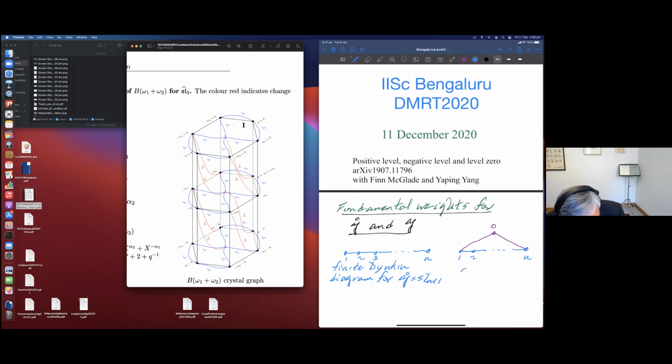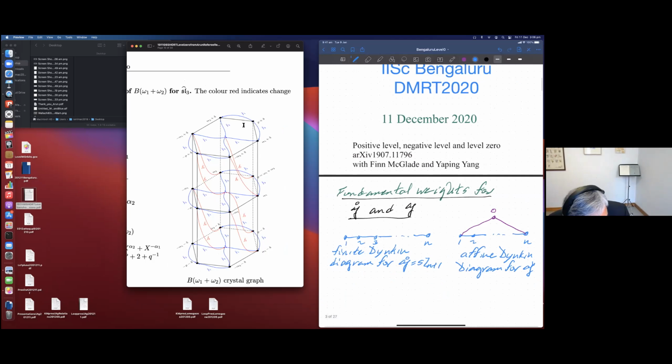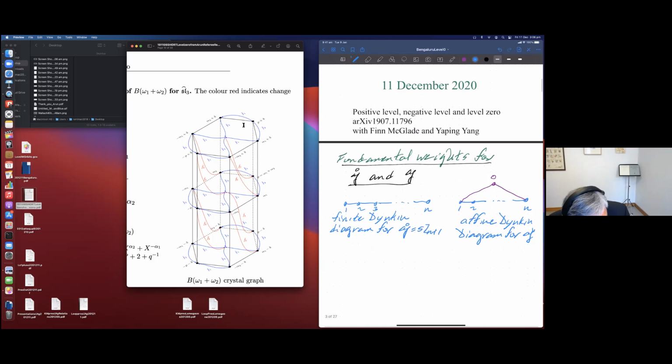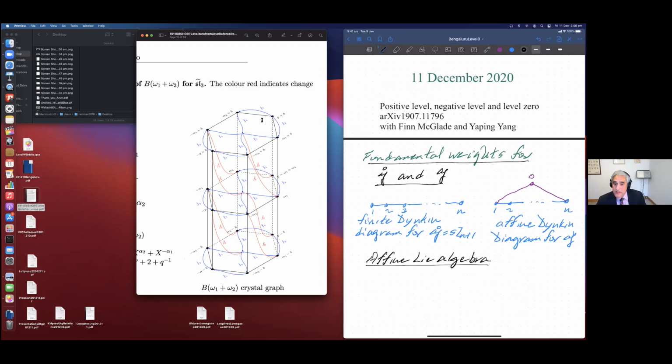And so this is the affine Dynkin diagram for the Lie algebra G. So this affine Lie algebra, well, certainly if you are taking the point of view of Tomoyuki's talks, you want to build this as a loop Lie algebra, which means that I take my finite dimensional Lie algebra and then I create this loop Lie algebra.